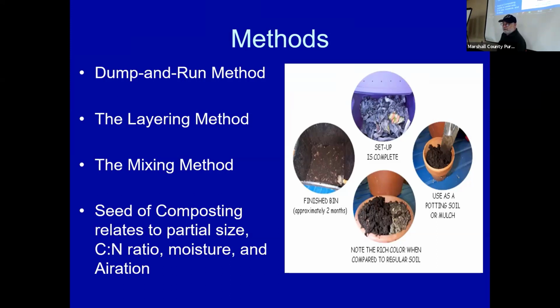Speed, not seed, of composting relates to particle size, as I said, carbon and nitrogen ratio, moisture and aeration. Another thing that we can do is worm composting of organic waste. It's not a complicated process. You just need to get the right worm, red wigglers that are commonly used for fishing.